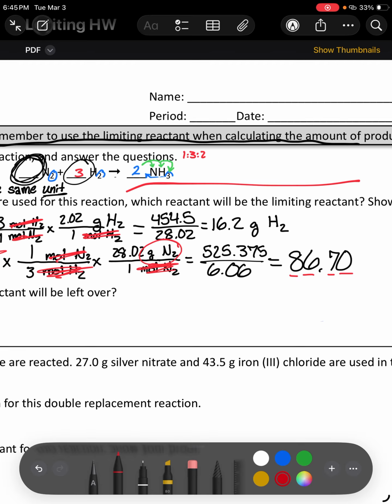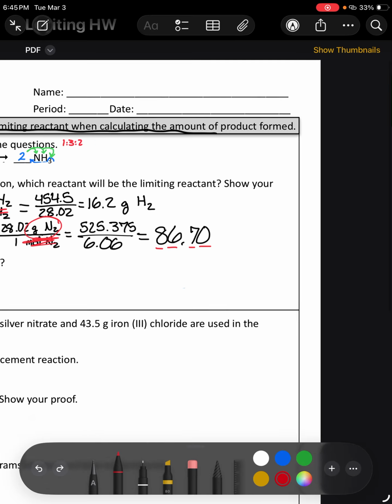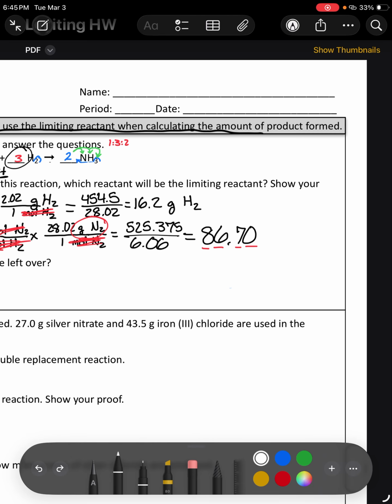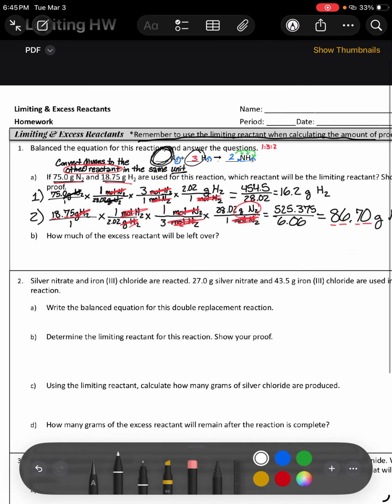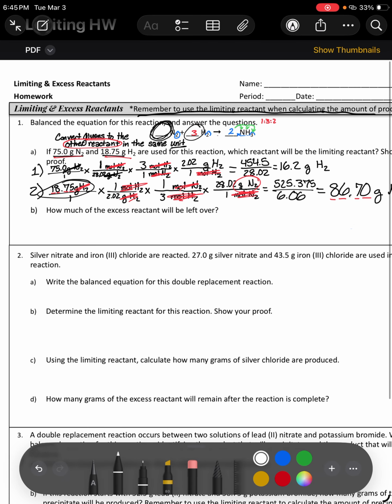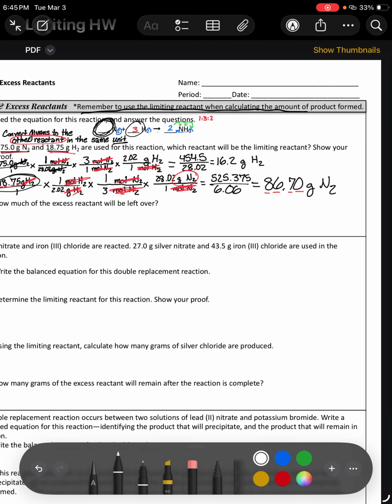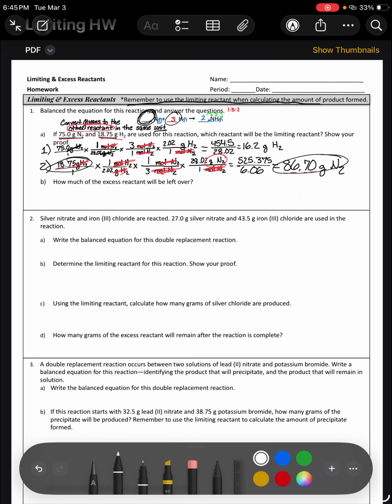Grams of nitrogen is what we're left with. So, if we look at this, whenever we're reacting to 18.75 grams of hydrogen, we need 86.70 grams of nitrogen if we want the reaction to go to completion, to go completely through the whole process.